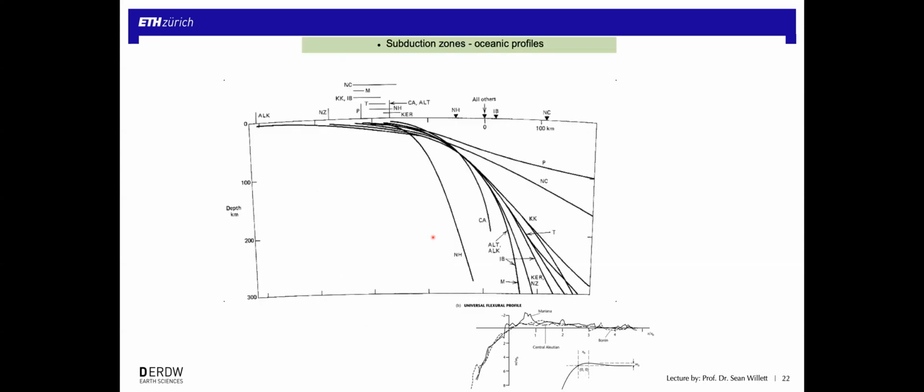And what we find, in fact, is that there is some variation, in particular in how rigid the lithosphere is, but almost all trenches have this kind of general form. It's been referred to as a universal flexural profile. If you normalize everything by the flexural rigidity, then you can explain the shape of much of these trench walls.